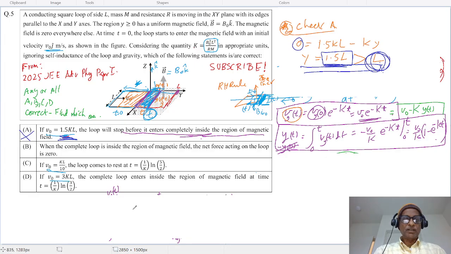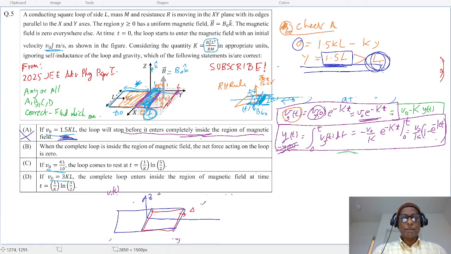You can see that when the loop is moving, delta B times A over delta t, dB/dt, will be 0 at this point when y equals L, because after that there is no more change. B is all constant. So if it is here or here, it's the same value. So this should be correct.